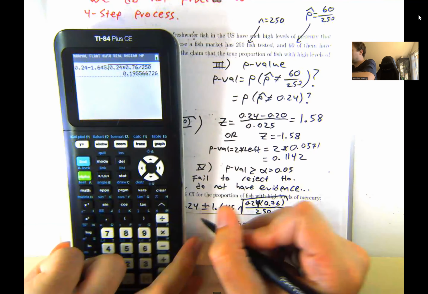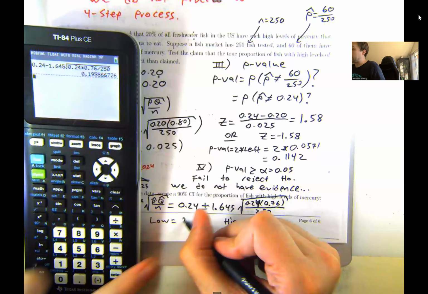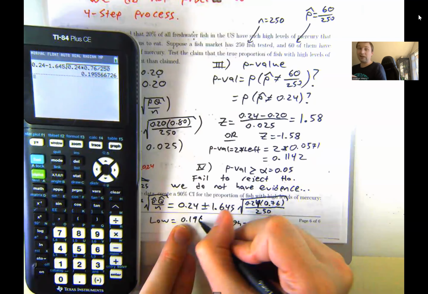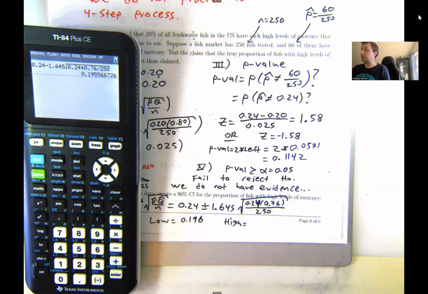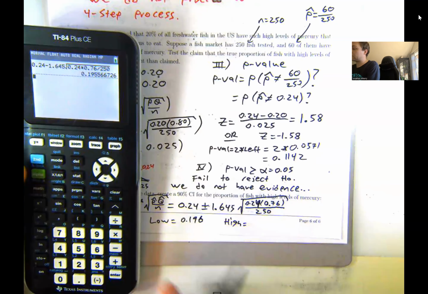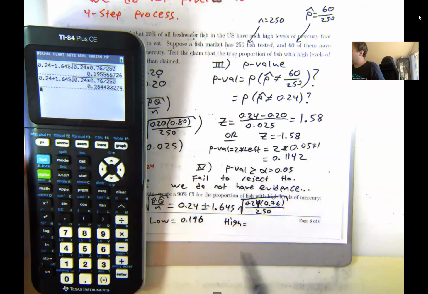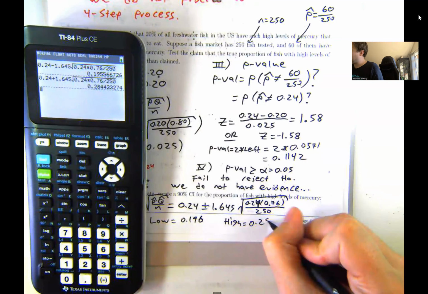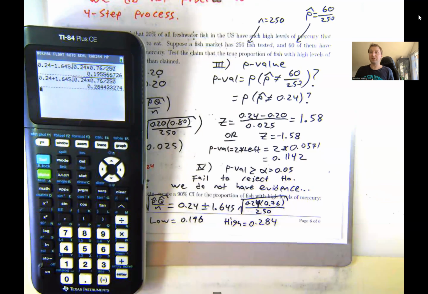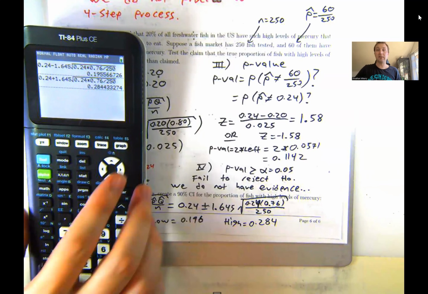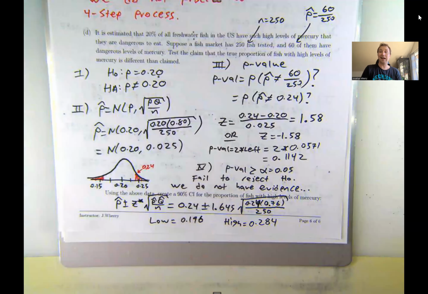On the low end, the actual proportion could be 19.6%, and doing it with a plus, 28.4%, with 90% confidence. So I'm 90% confident that between 19.6 and 28.4% of fish has a dangerously high level of mercury.